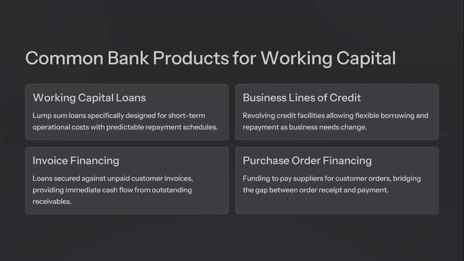For working capital, I'm paying interest later, but for invoice financing or purchase order financing, if I require 100 rupees, banks will provide me 90 rupees. So while giving finance in case of invoice or purchase order, the banks are paying me at a discount and recover money at par. So these are certain common products, how the working capital is financed by banks.